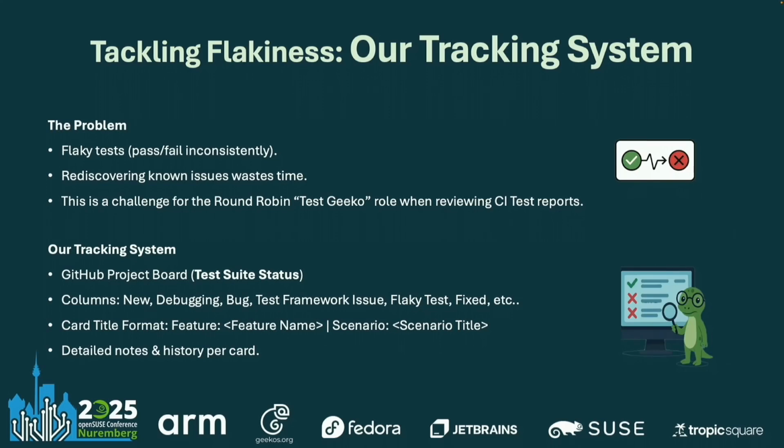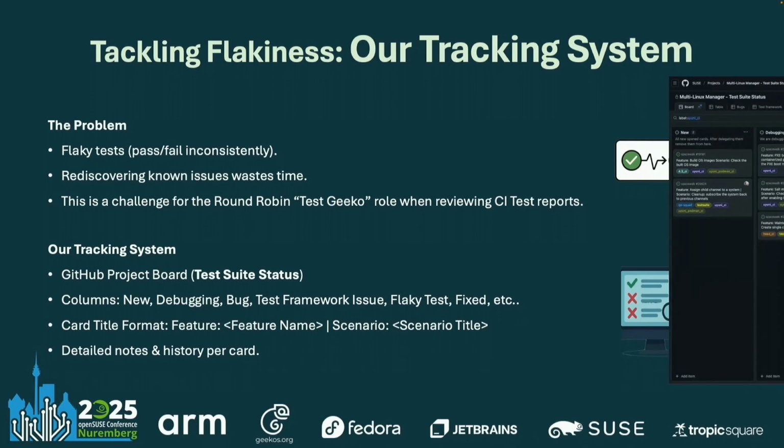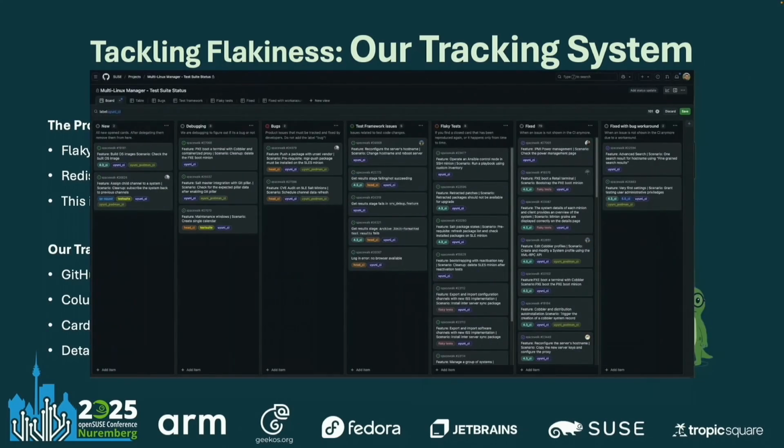So we have the new column for problems found recently, debugging for problems currently being investigated, a bug for confirmed problems in the product itself, test framework issues if the problem is in the test code, and also a column to group flaky tests. Like you can see on this screenshot.